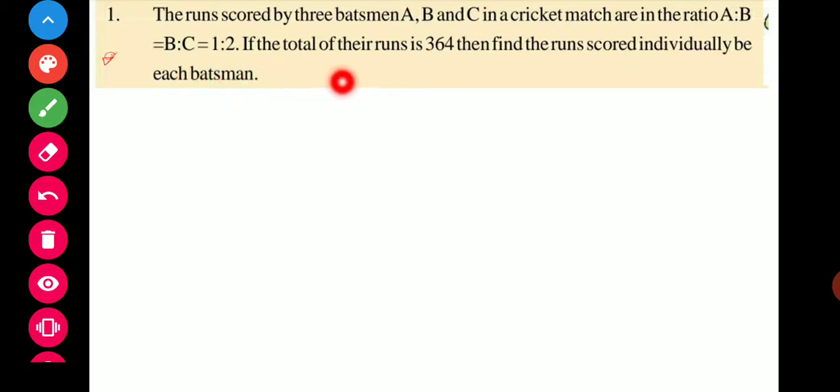If the total of their runs is 364, then find the runs scored individually by each batsman. So how can we do this question?